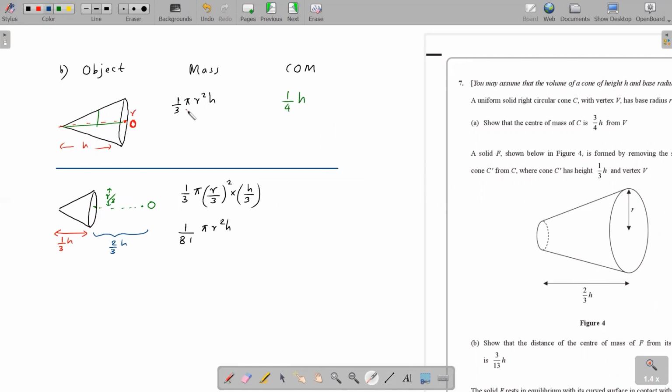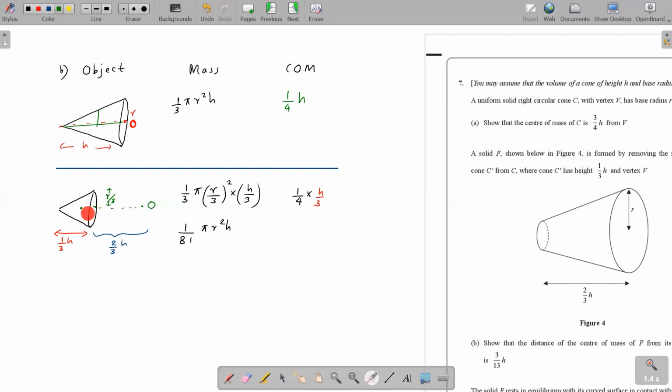You remember, 3/4 of the height from the vertex, so 1/4 of the height from the plane face. 1/4 of the height of this cone is 1 over 3h, or h over 3. So remember that gives you the center of mass distance from the plane face.